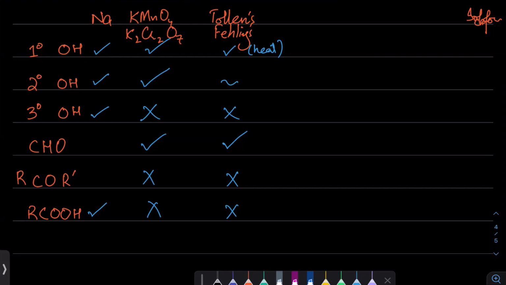Similarly, can I separate a secondary alcohol using the iodoform reaction? Can I identify if something is a secondary alcohol just by using iodoform reaction?